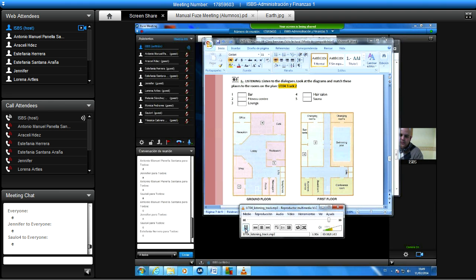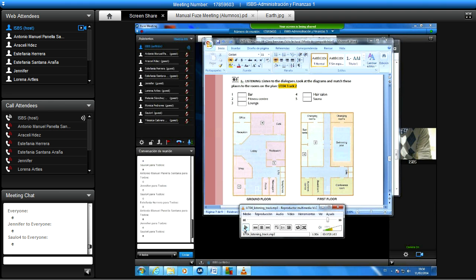So it's E. You need to know D in order to get E, okay? So the fitness center. Could you tell me where the hotel sauna is?